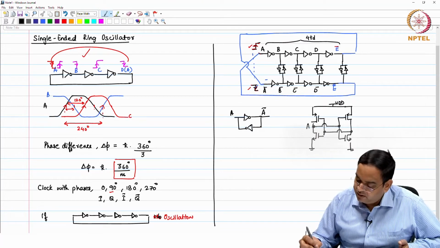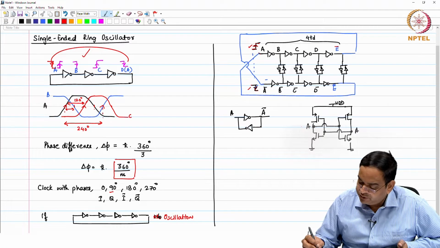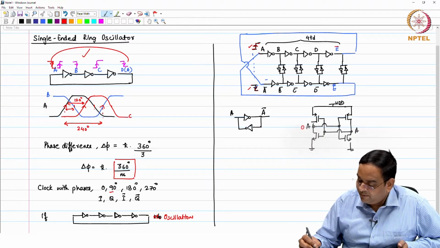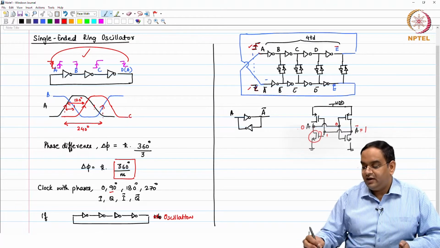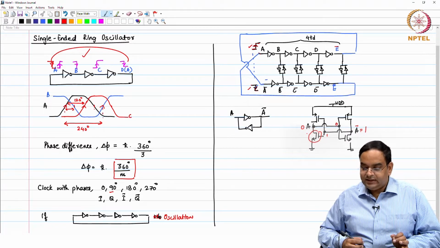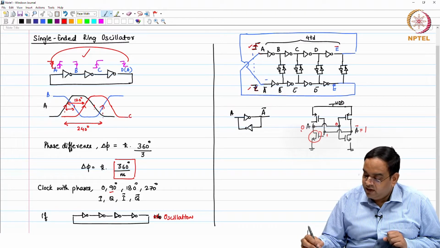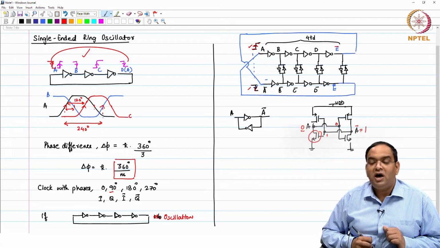So, if you think that this is A and A bar, if A bar happens to be 0, then what will happen? If A bar is equal to 0, you are applying 0 to the gate of PMOS, which will make this particular signal as 1, and when you get 1 here, through this MOSFET it will enforce that your A remains 0. So, this cross coupled latch actually maintains the inverted relationship between its two outputs.